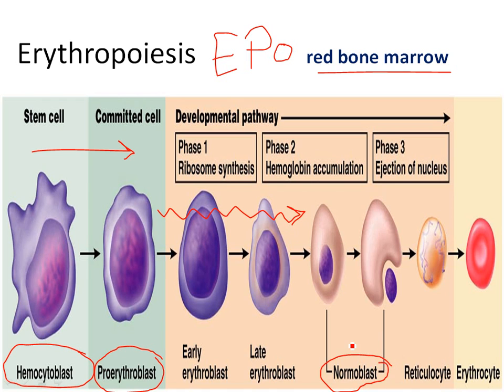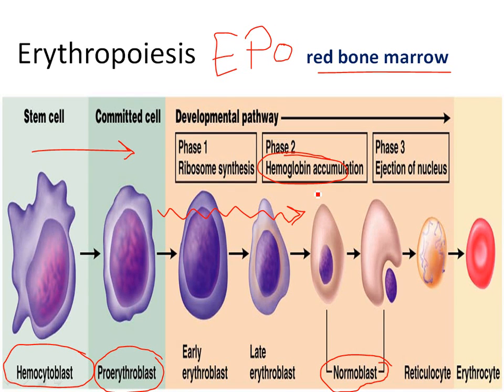And you can see by the time we get a normoblast, we have a cell that's changed in appearance dramatically, but it has also made a lot of hemoglobin. Remember, this cell is going to kick out its machinery, its organelles, and its nucleus. Once it does that, it can never make another big molecule again.